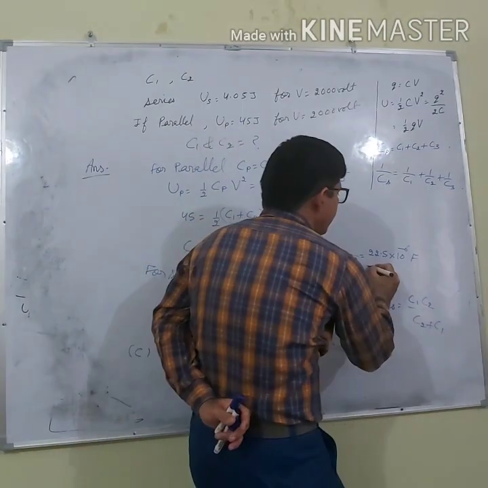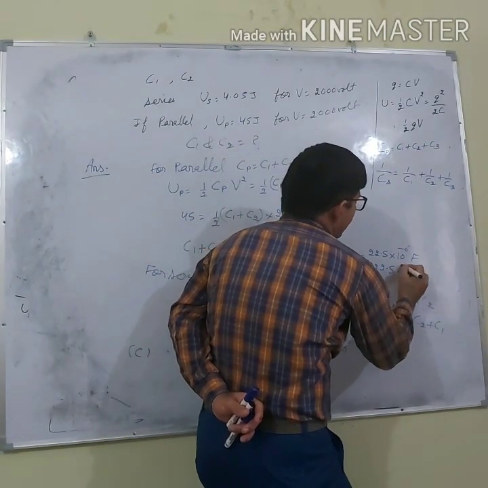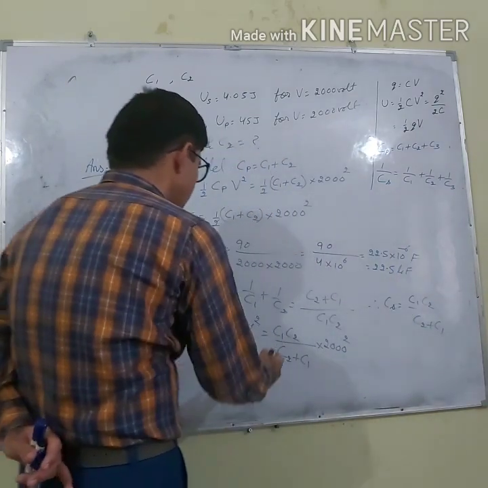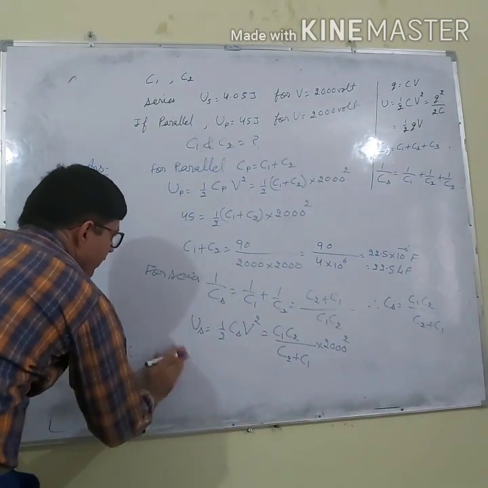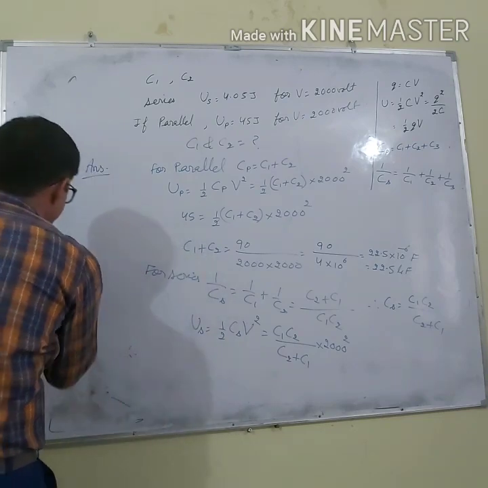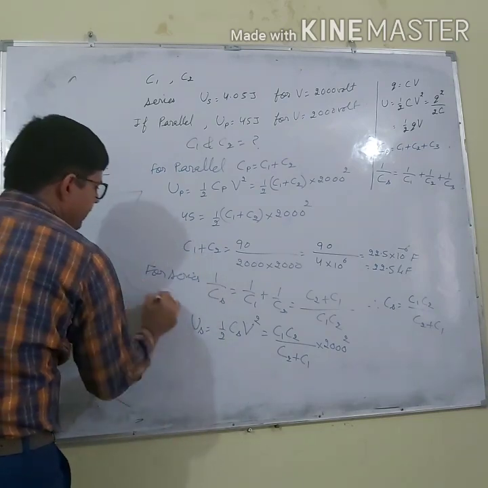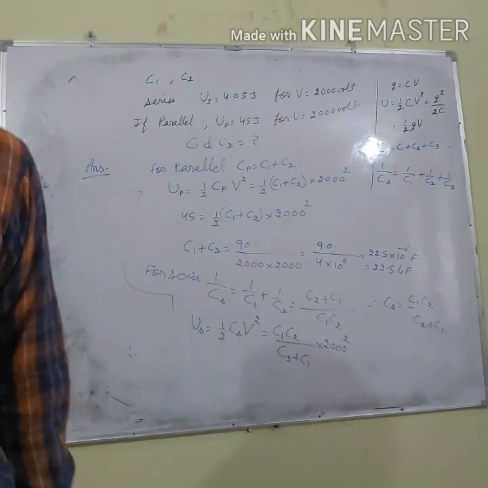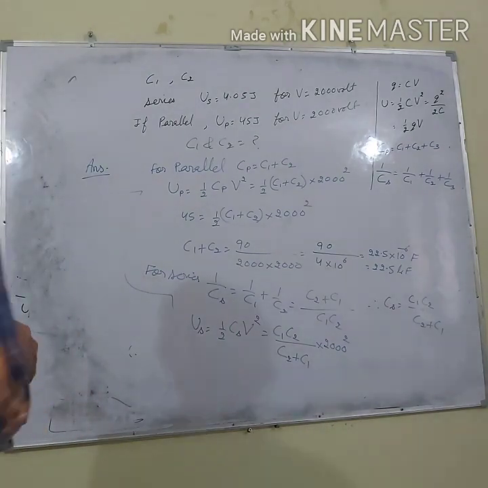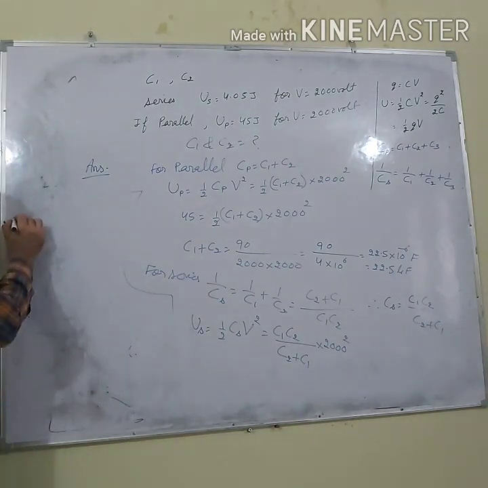So I can say C1 plus C2 is 22.5 microfarad. And in series the energy is given to be 4.05.